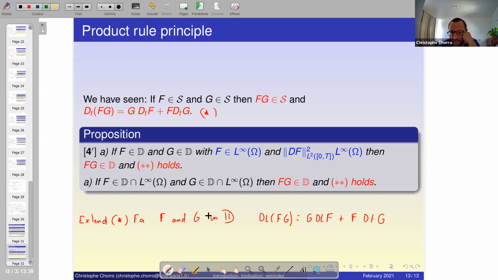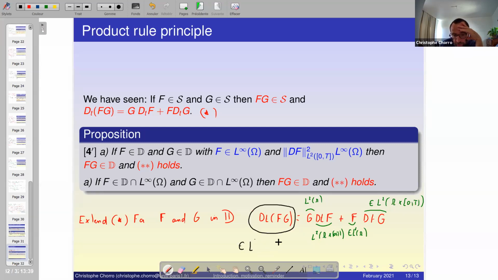If f and g are in D, I know that here I have something in L2 of omega, here something in L2 of omega times 0 to capital T, here something in L2 of omega, and here something in L2 of omega times 0 to capital T. If I want this formula to be true, I know that this one has to belong to L2 of omega times 0 to capital T.